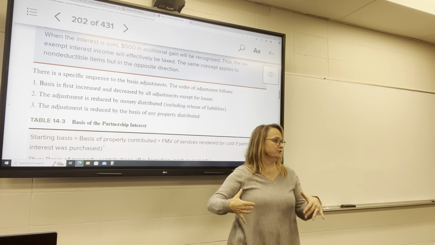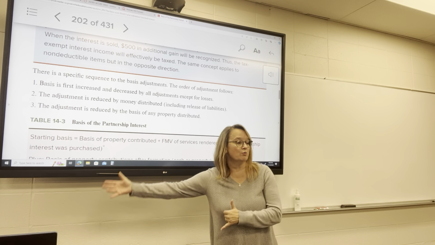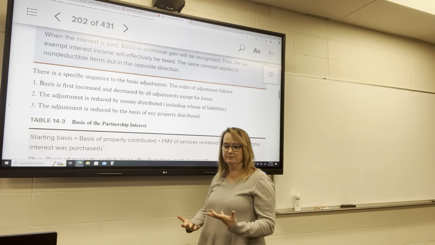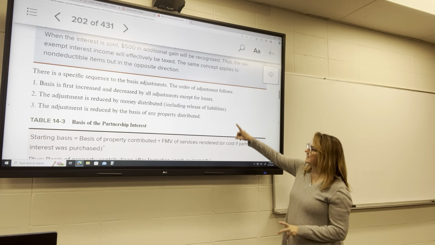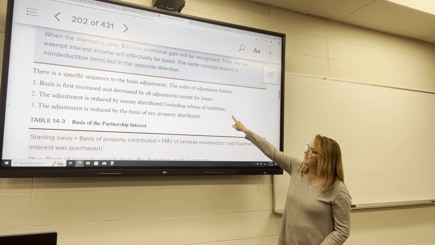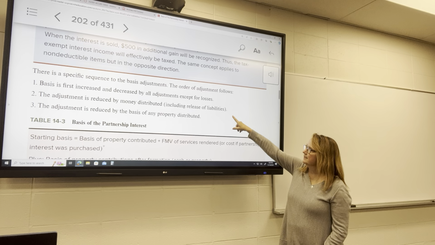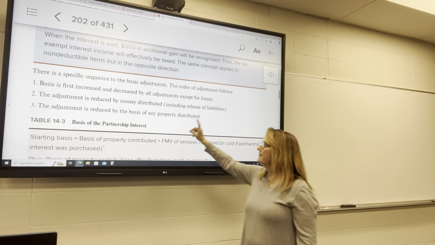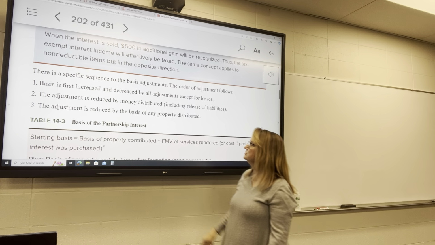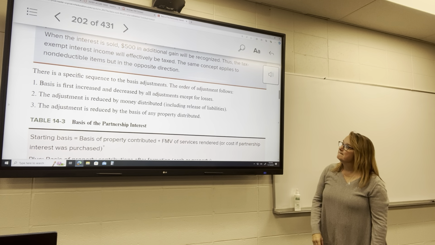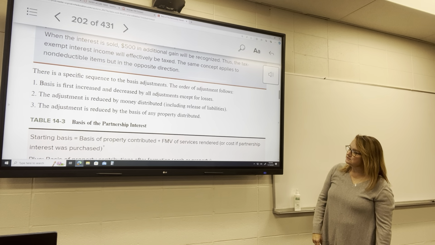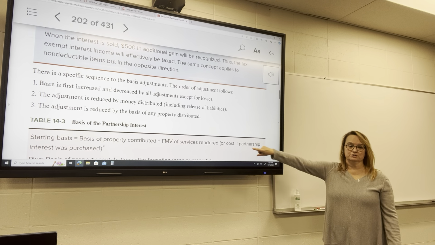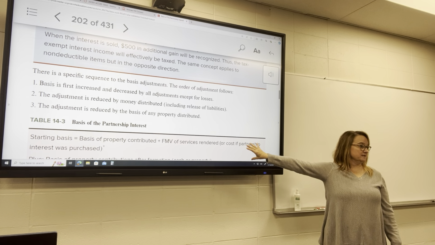That's just as if you received a distribution, because now you don't owe the money, right? So we are going to include that here. It's the same as though we had money distributed. And then last thing, the adjustment is reduced by the basis of any property distributed, and then we're going to determine whether we can take those losses.